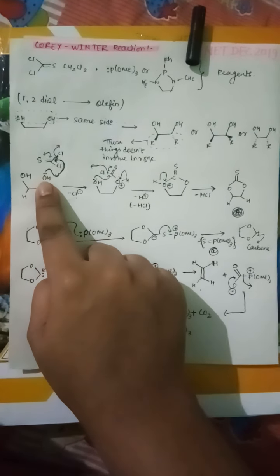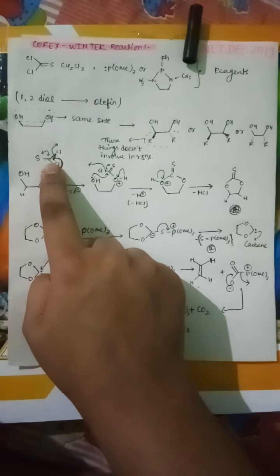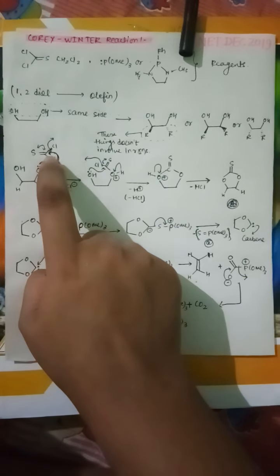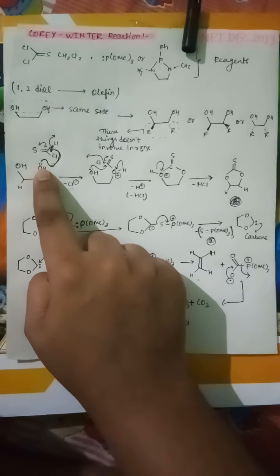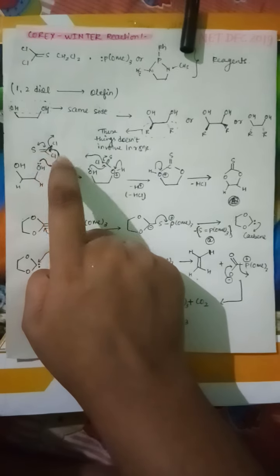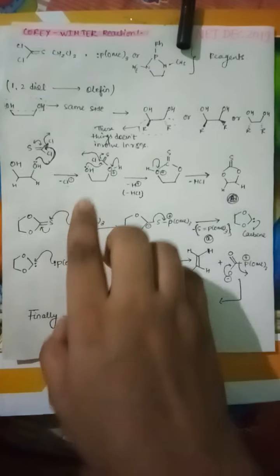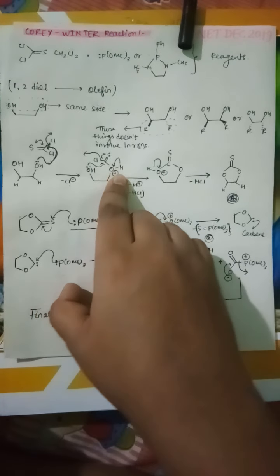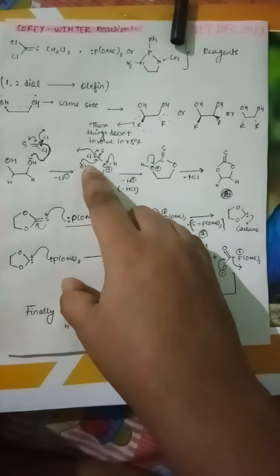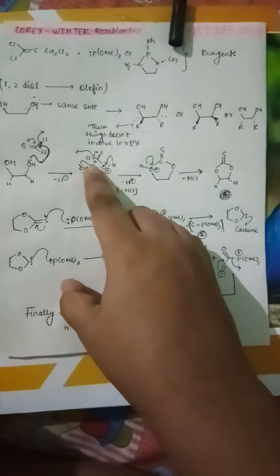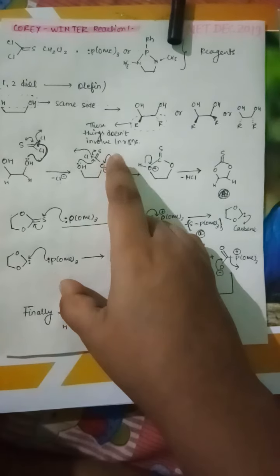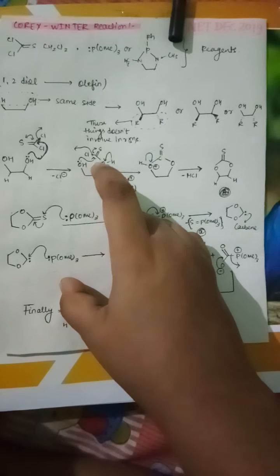OH is working as a nucleophile, and it will attack the electrophilic carbon, and after charge separation and charge formation, removal of chlorine will proceed, and there is a formation of positive charge on oxygen because it is sharing its lone pair with the electrophilic carbon, and in the final step the proton will be removed, taking its positive charge.